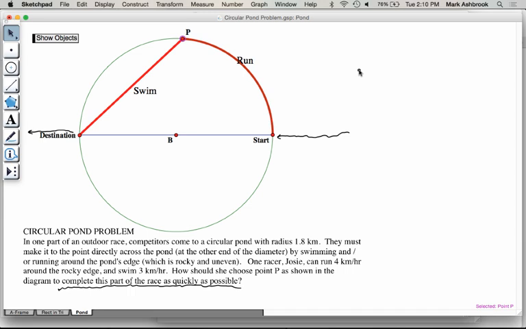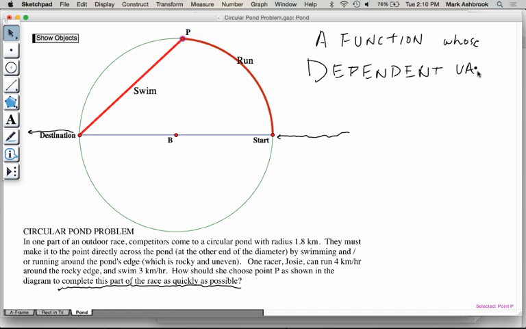And what about that function? A function whose dependent variable is a quantity.